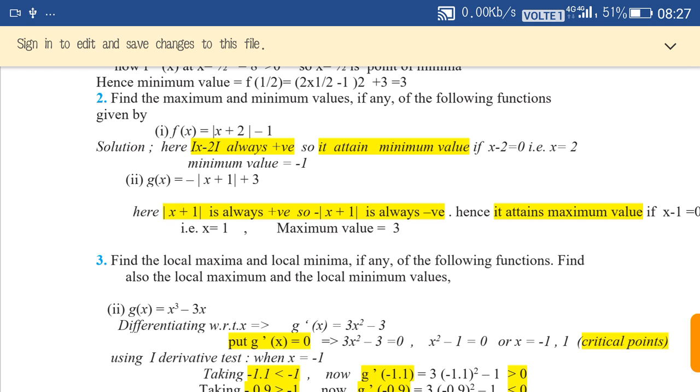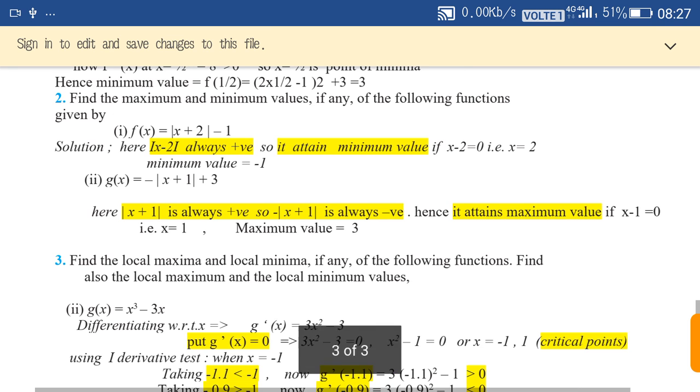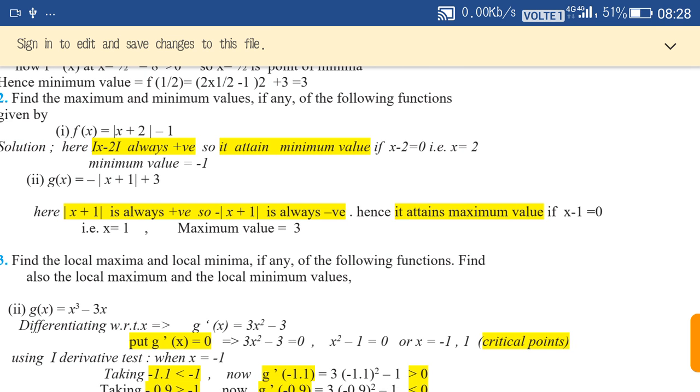So minus mod x plus 1 is always negative. Hence it will be negative, negative, negative. We cannot reach the largest negative. So it means this function attains only maximum value.